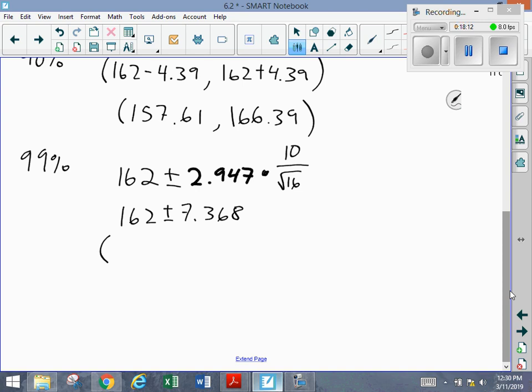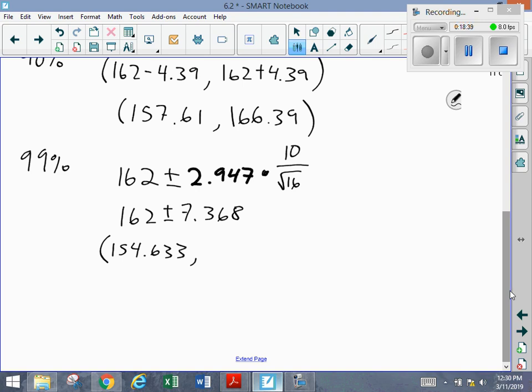Now, in order to calculate this interval, first thing I'll do is subtract 7.368 from 162, which is 154.633.